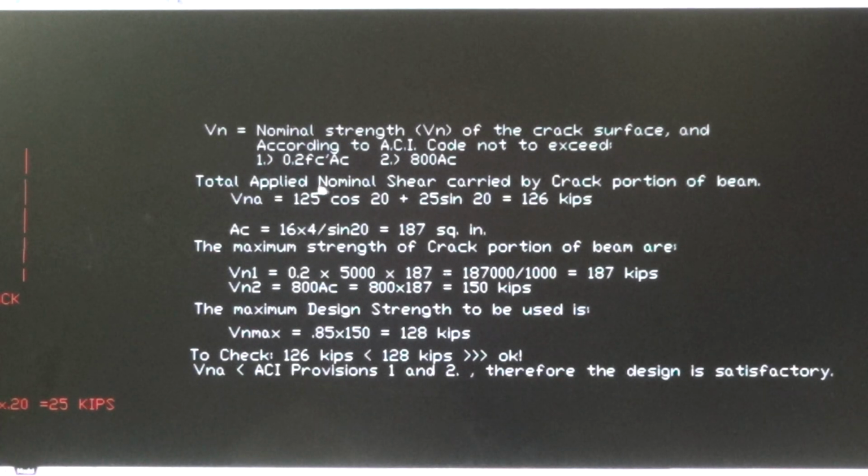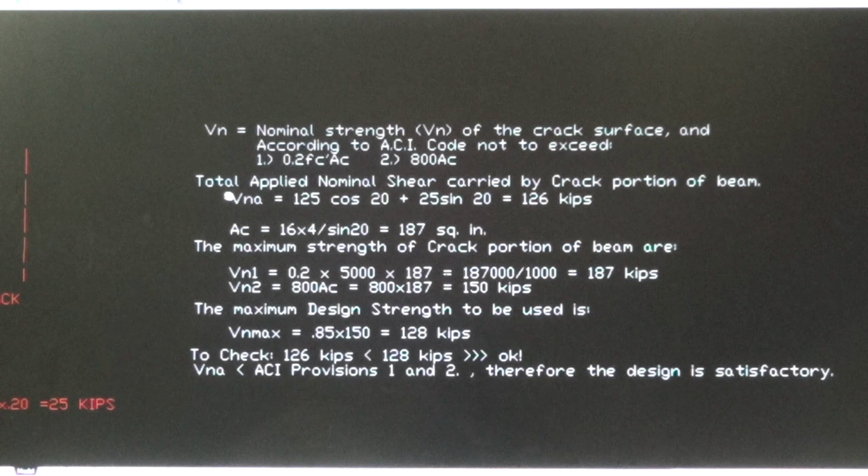So the total applied nominal shear carried by the crack portion of the beam, this is the applied load, 125 and the 25 kips. This is the applied shear load.